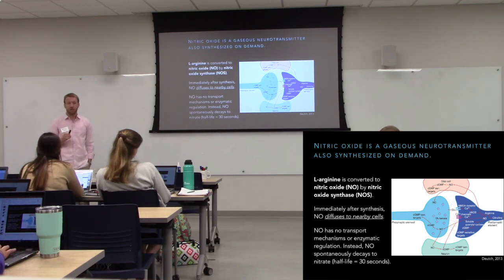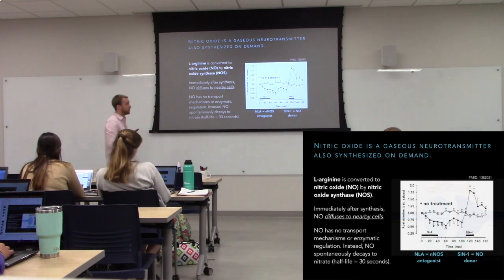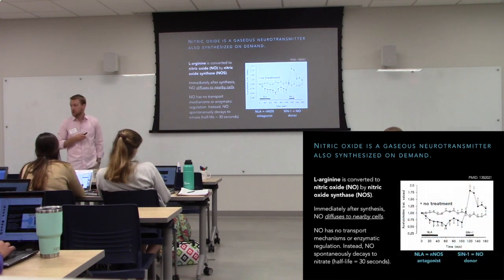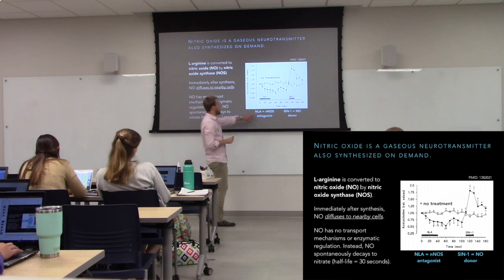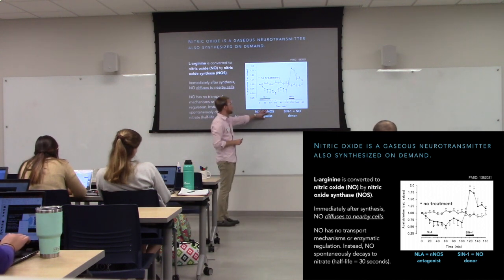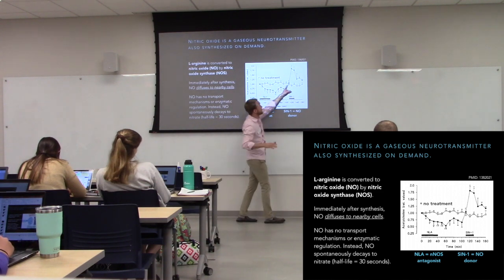The key distinction here would be their effect. Nitric oxide is going to facilitate calcium influx. Thus, we're going to see an increase in release. And that's what we're seeing here. When we inhibit nitric oxide synthesis, right here, the open circles are without any drugs added.